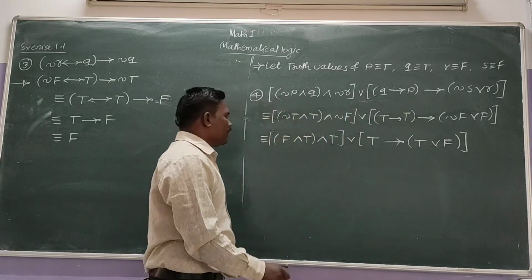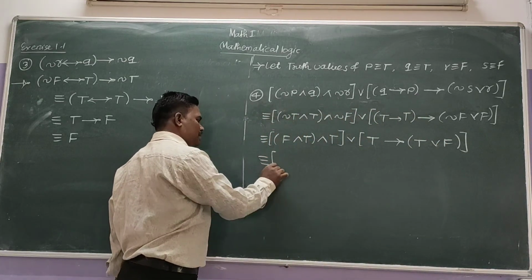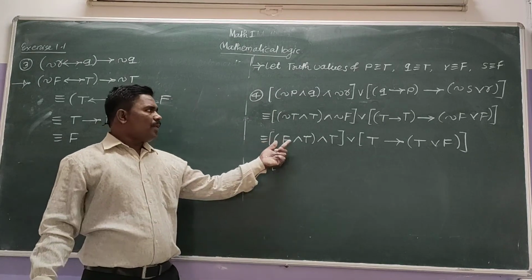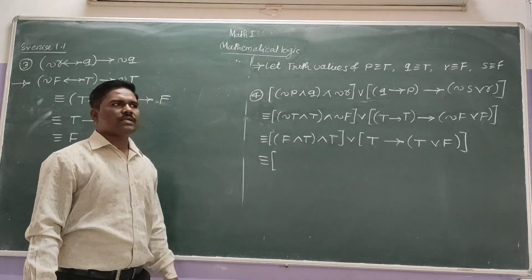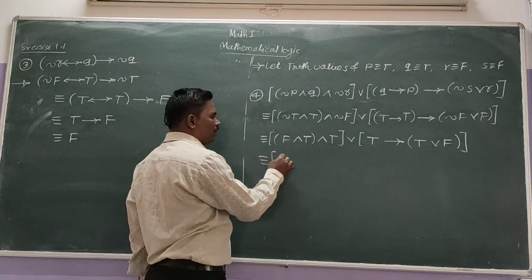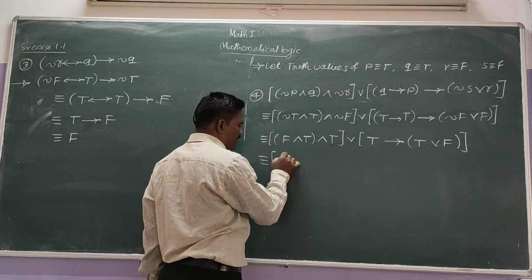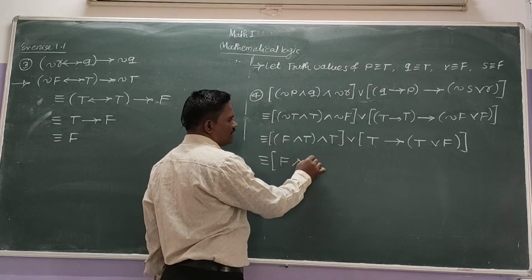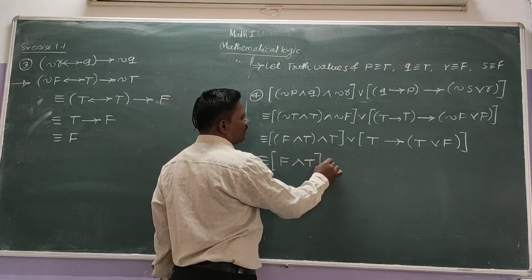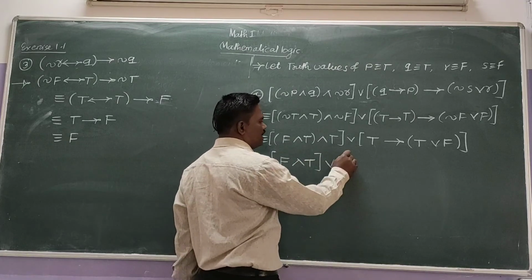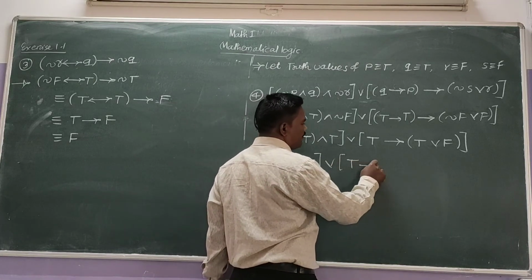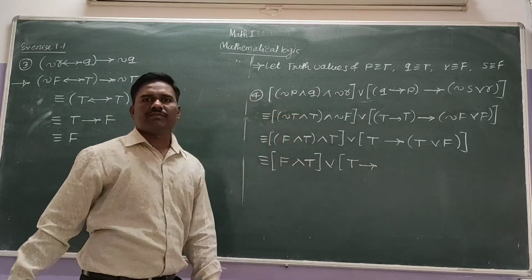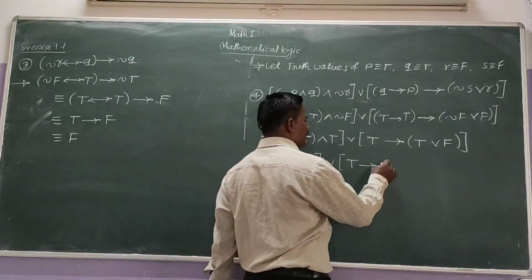Bracket complete. Next, false conjunction true, using the truth table of the conjunction, is false. Conjunction true, bracket complete, disjunction in another bracket true implies true, disjunction false.